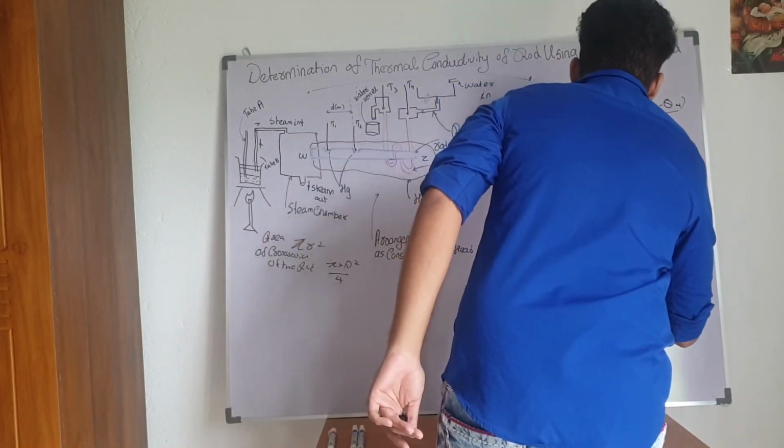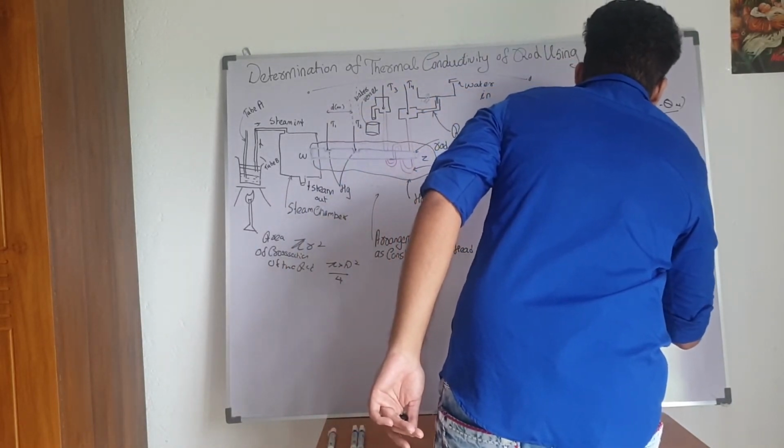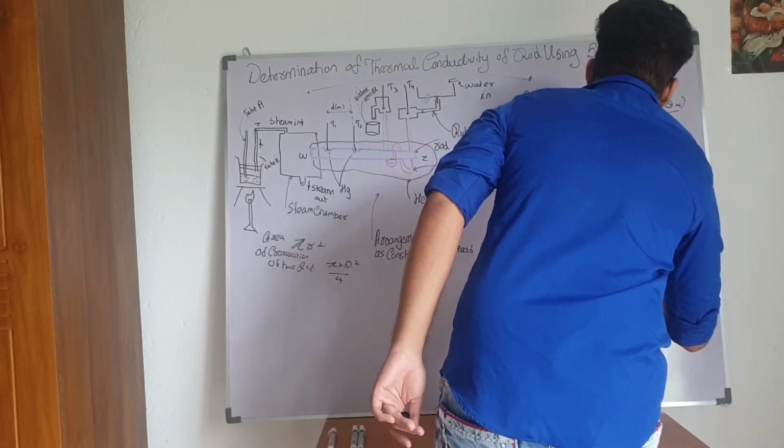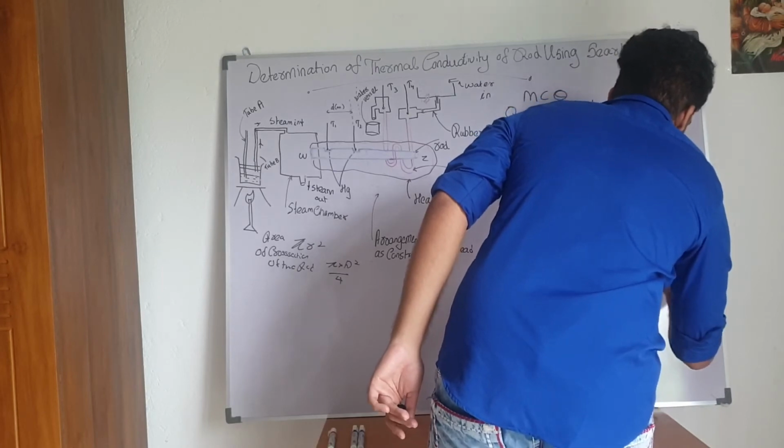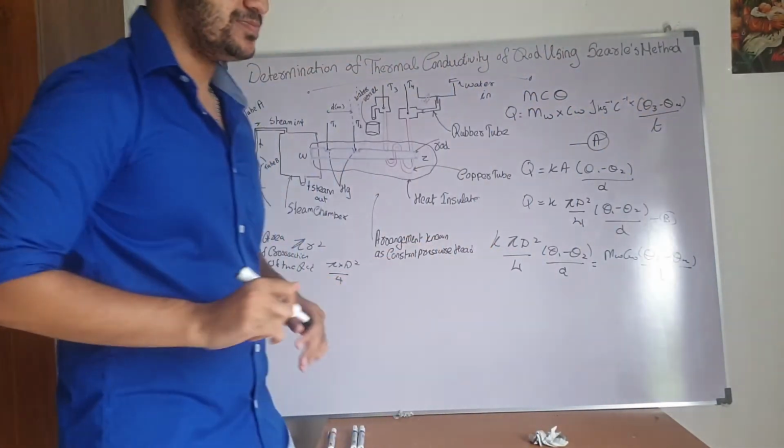is equal to m_w c_w times theta 3 minus theta 4, divided by t.